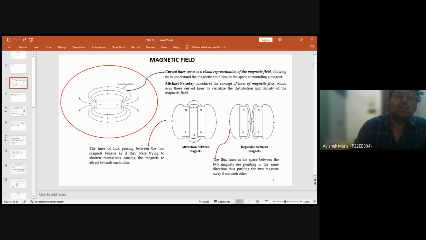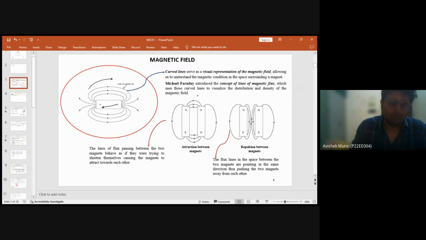If you see in this picture, around a magnet there will be some lines of force. Basically, these lines of force flow from north to south outside the magnet, and inside it they flow from south to north in direction. These curved lines are the visual representation of the magnetic field.